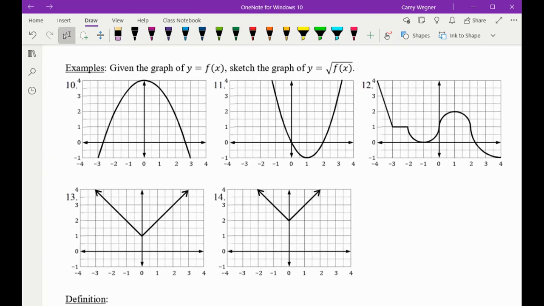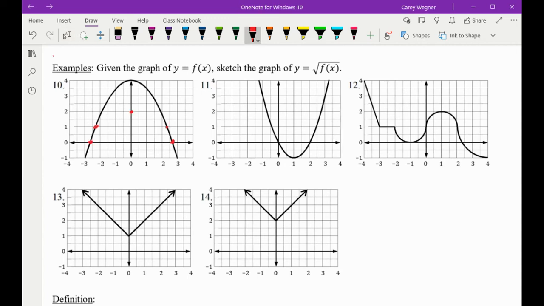It says examples, but I would like you to try these. Question number 12, pretty ridiculous, but a good challenge for us to think through. So I would say pause the video at this point. Given each of these functions, can you sketch the graph of the square root of the function? Once you've finished all 5 of them, or as much as you can do, then restart the video.